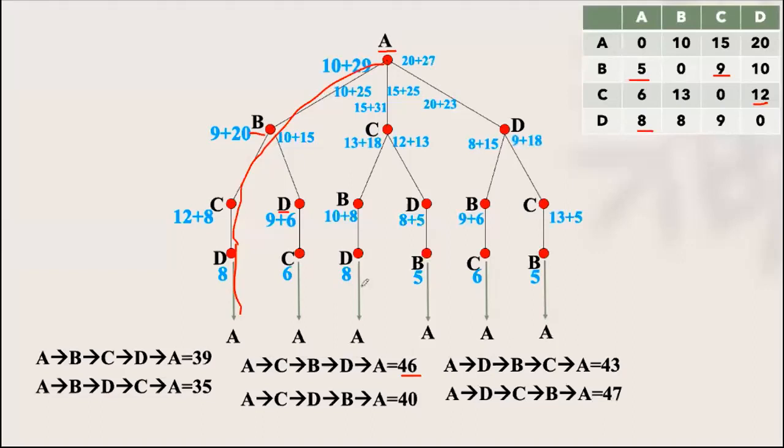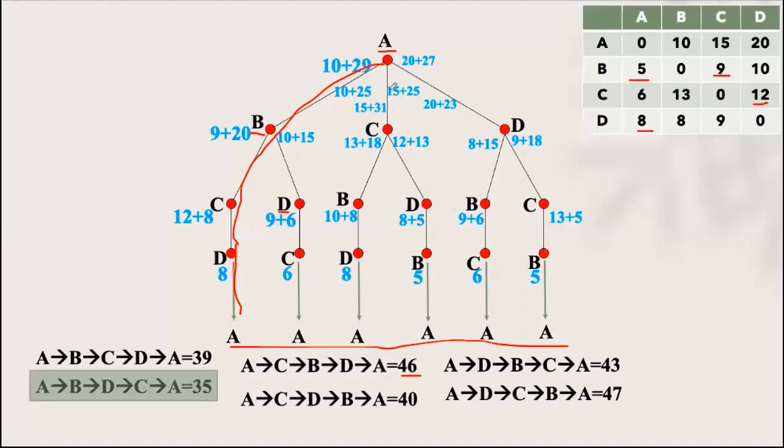Is it clear? So we have started from A and we have arrived at A, traversing through all the vertices, each time a different path, and we try to find out the total cost of each and every path.